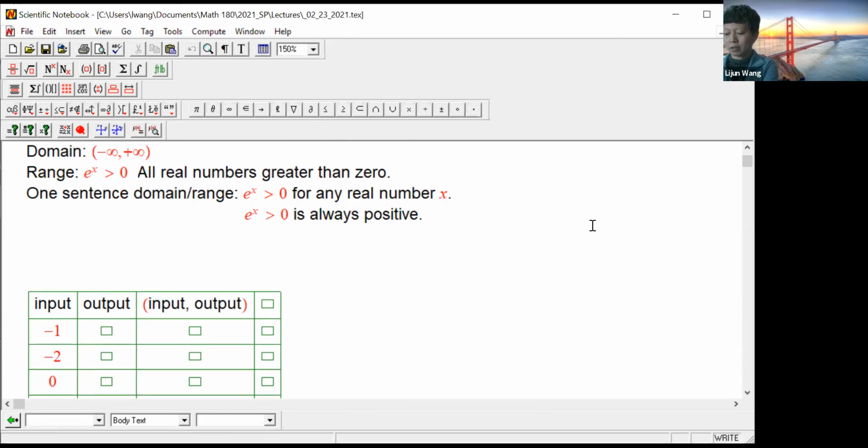You can even say, no matter what x is. Okay.